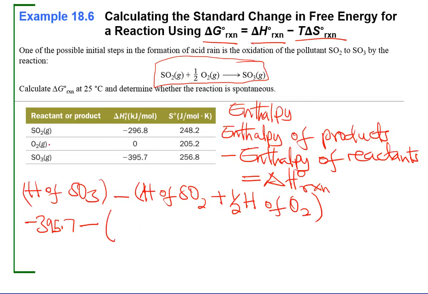The enthalpy of SO2 is minus 296.8, and the enthalpy of oxygen is equal to 0. So this one gives us minus 395.7 minus parentheses minus 296.8 parentheses.